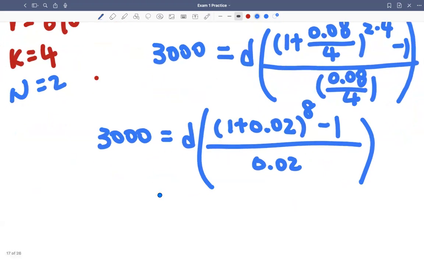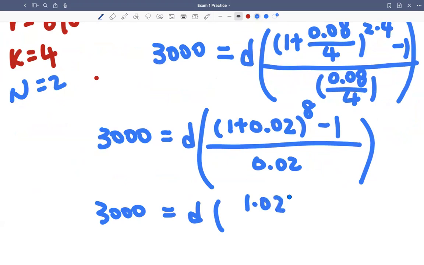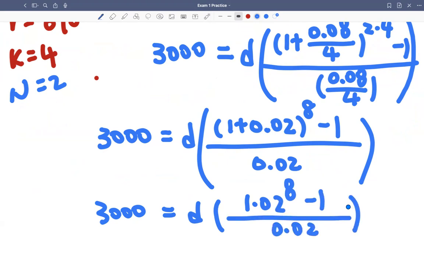So we want to calculate this number. D is 1 plus 0.02, which is 1.02, raised to 8, minus 1, then divided by 0.02.